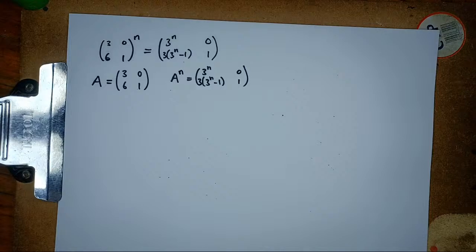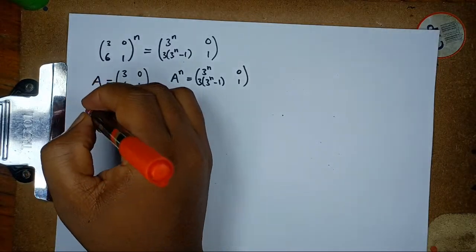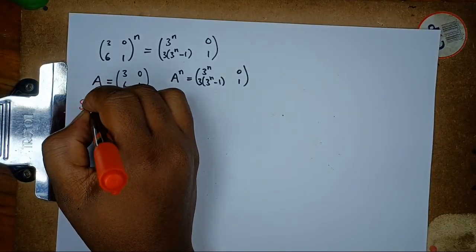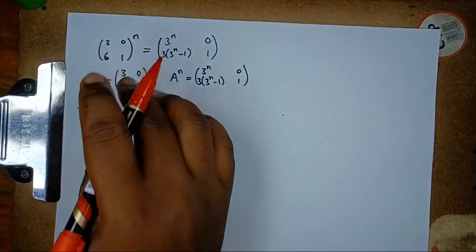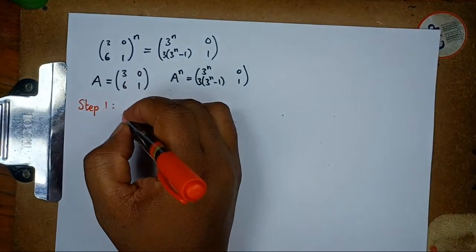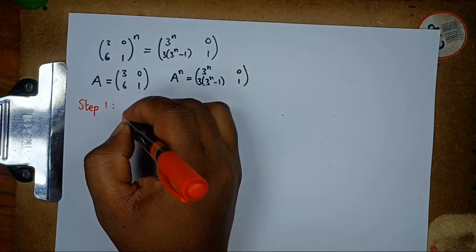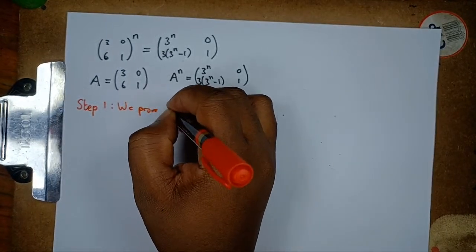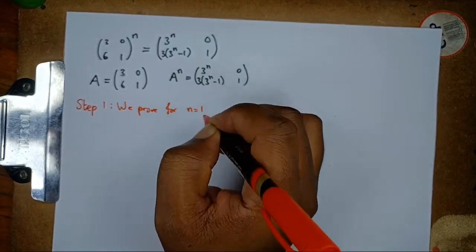Now, induction. Step 1, we have to prove that it is true for n equals 1, the base case, of course. You know the English that you have to write: we prove that it's true for n equals 1.